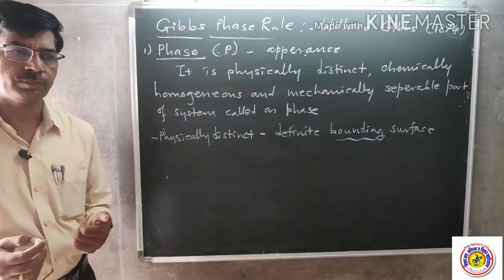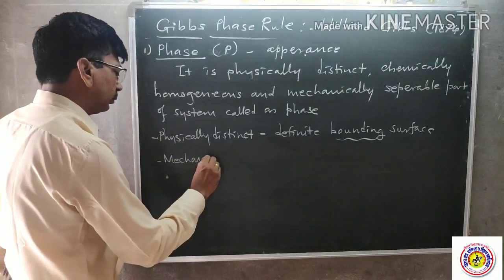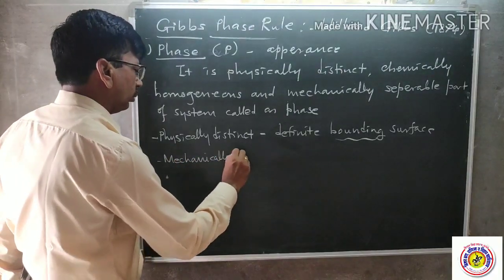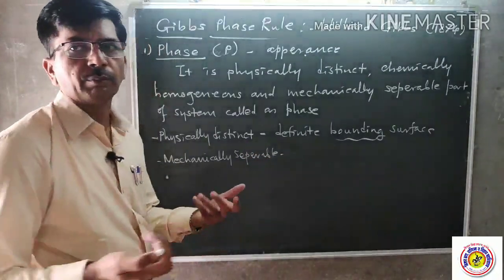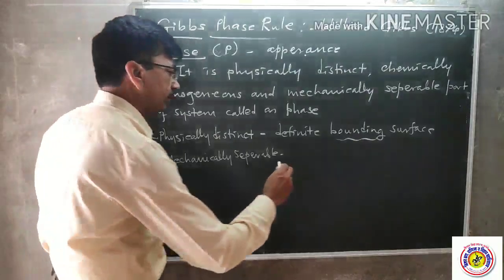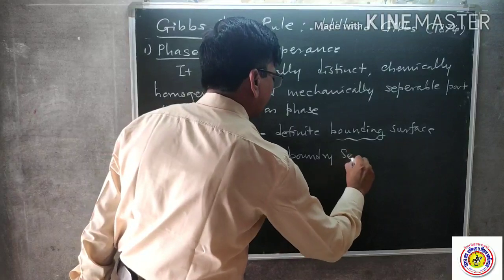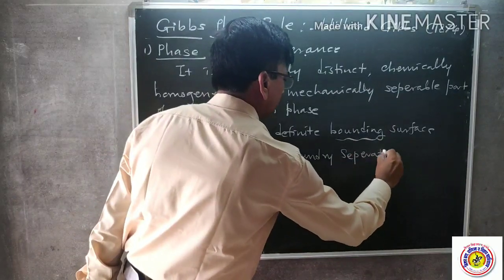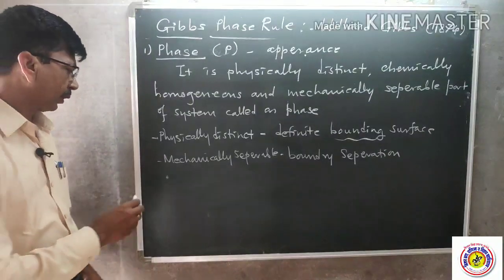Another one, they are mechanically separable, meaning we can separate them mechanically. There is a boundary of separation. We can easily define the boundary of separation between the two phases, and we can easily identify it.